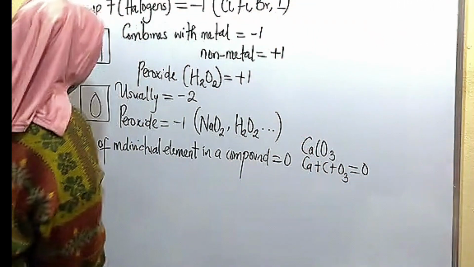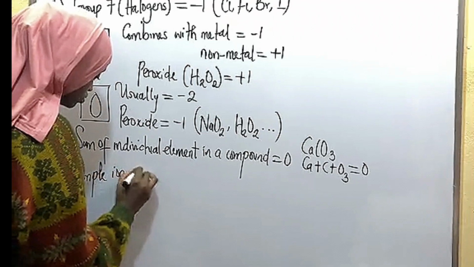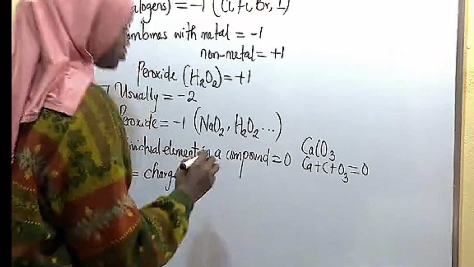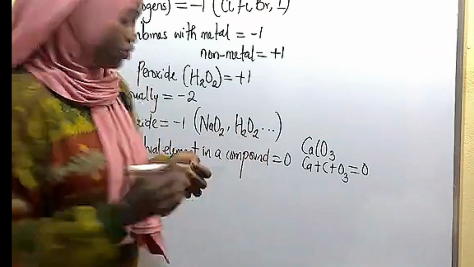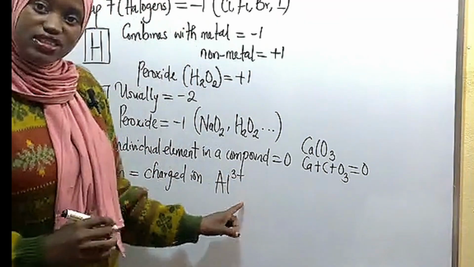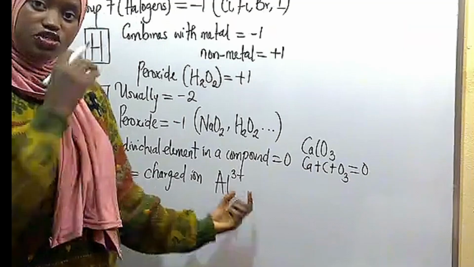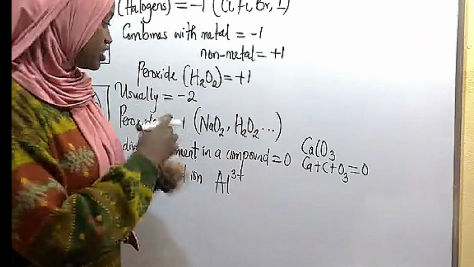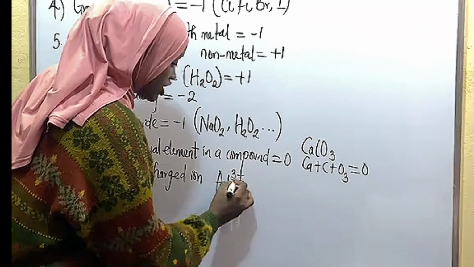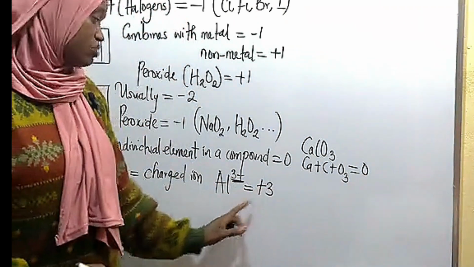For a simple ion, an example is Al3+. As you can see, this is a simple ion. According to the rule, the oxidation number is the charge on the ion. And the charge here for this simple ion is +3. So that means the oxidation number of aluminium here is +3.